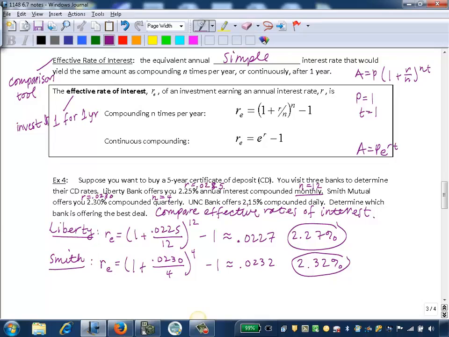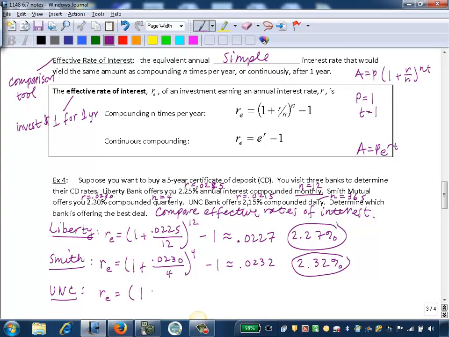But we have one more to compare. So let's compare the UNC. Let's find that effective rate of interest. For UNC, we've got 2.15%. So our rate is going to be 0.0215. Compounded daily means we have an N of 365.